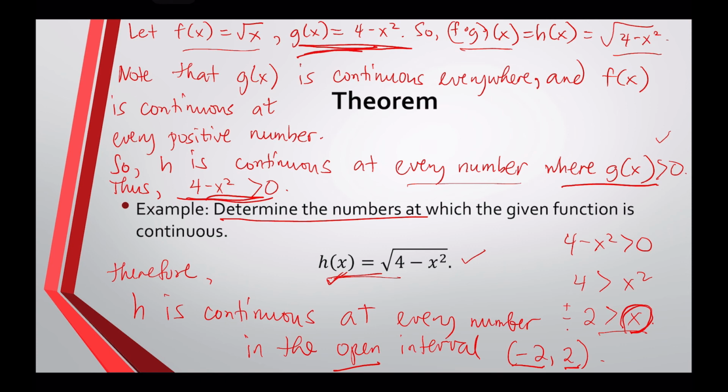So when can an x be less than +2? If 2 is here and we have a -2 here, where will our x be? Definitely our x would just be in between the interval -2 and +2. So as for the open interval, -2 and 2 are not included because we don't have an equal sign here. That would denote the inclusion of -2 and +2.